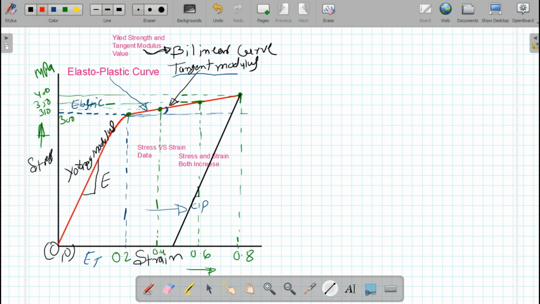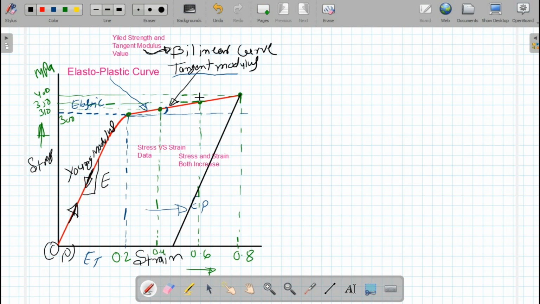So here what is happening, loading within this range, if you load the product, then unloading also happens in the same direction, correct?